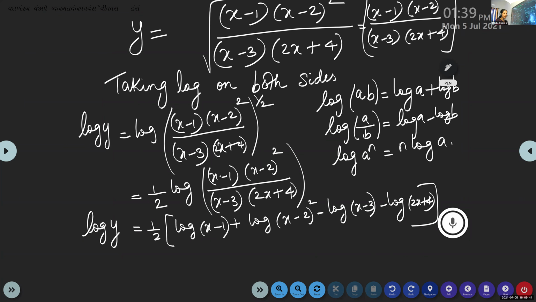For the terms in the denominator, we should put minus. For the terms in the numerator as product, we are writing plus. Now we need to differentiate. Log y gives 1 by y dy by dx is equal to half into... What is the derivative of log of (x minus 1)? Michael, what is the derivative of log of (x minus 1)?